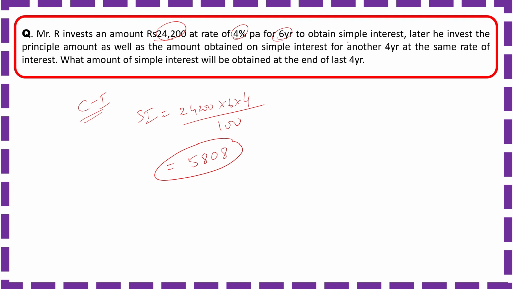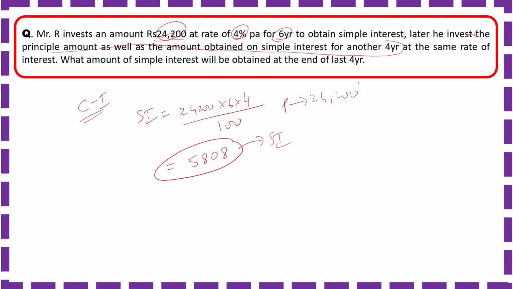Now what happened? Later he invested the principal amount as well as the amount obtained on simple interest for another 4 years. This is the simple interest, and the principal in the first case is 24,200.